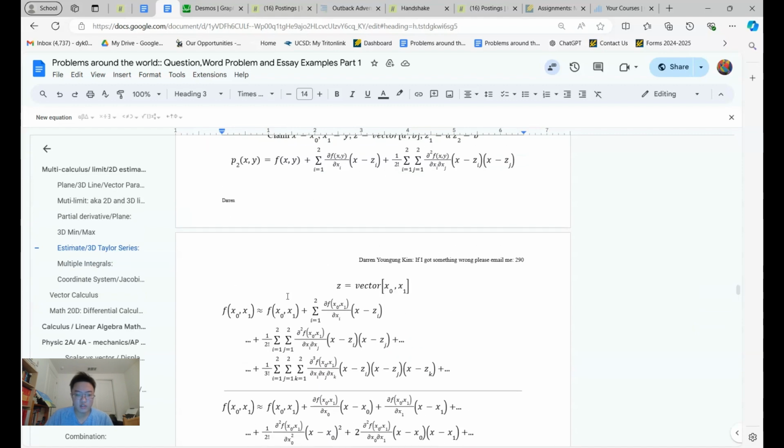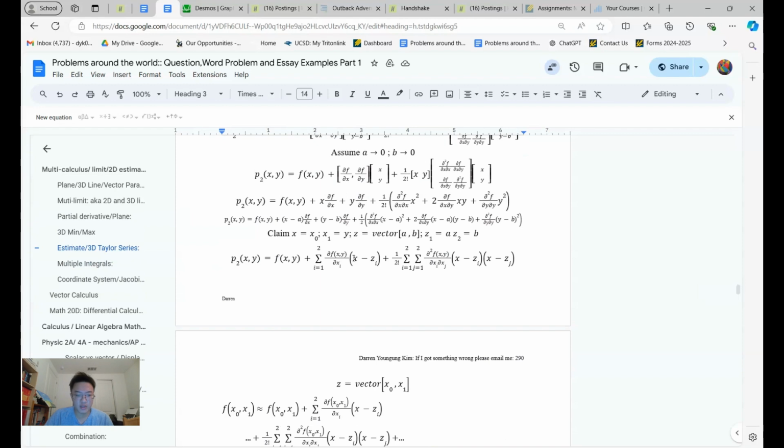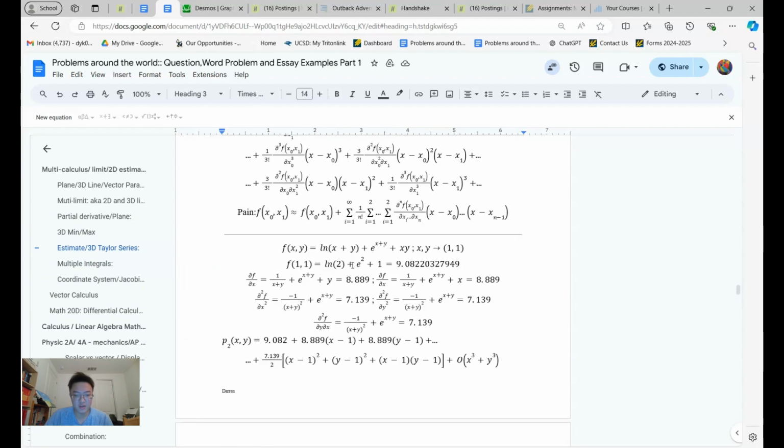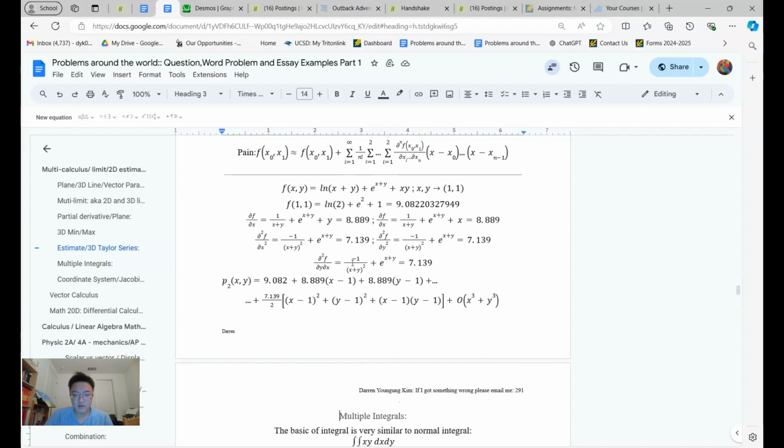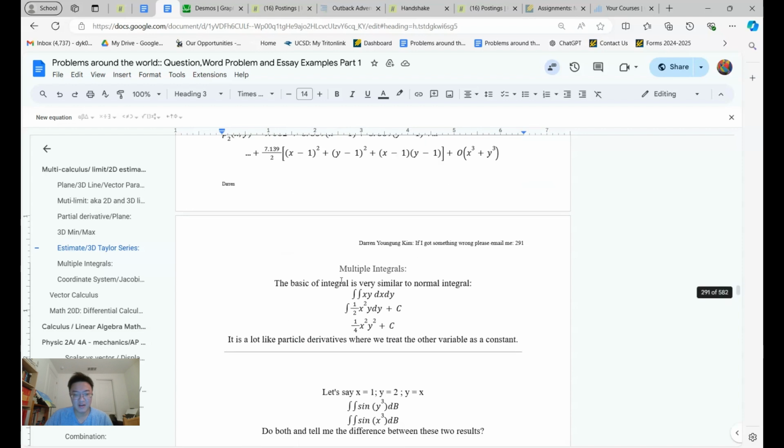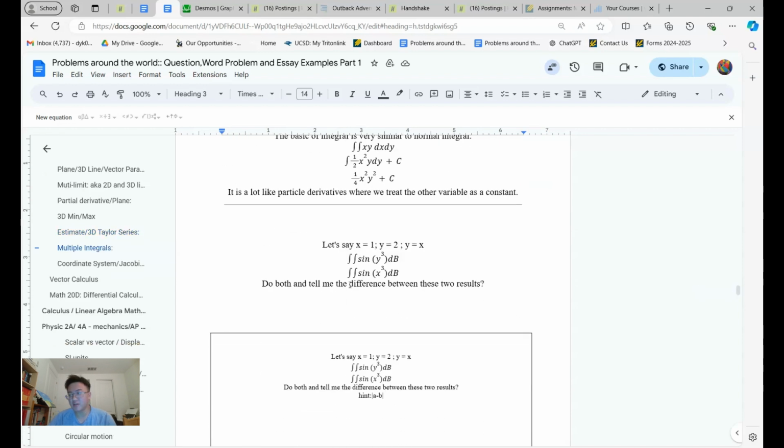I was just looking at this and doing painful work over here. It was very painful to do this. I don't want to touch a Taylor series for a long, long time. But I will have to, because so far most of my classes had Taylor. The recent one, 107, had so much single variable Taylor, and then in the end they did 2D Taylor, but it was not really that powerful because it didn't do much of that.